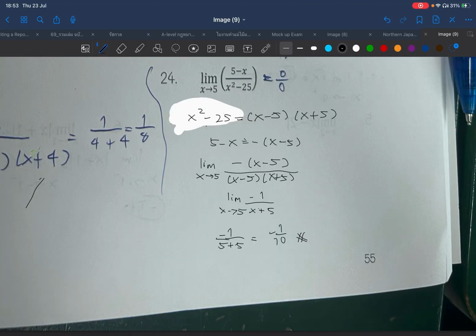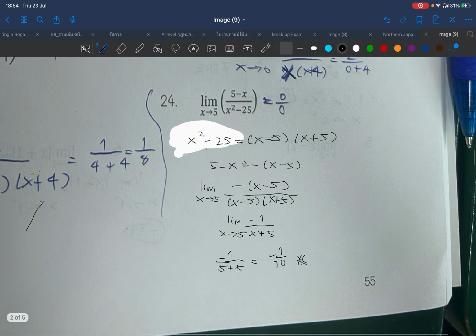Alright, so last question of this page, number 24. The limit of 5 minus x over x power of 2 minus 25 as x approaches 5. So the direct substitution gives us 0 over 0. Factor the denominator as x minus 5 and x plus 5. So we should rewrite 5 minus x in the numerator as minus x and minus 5 in brackets.